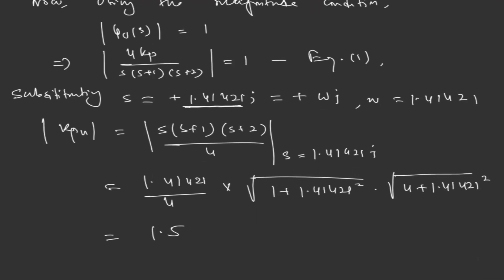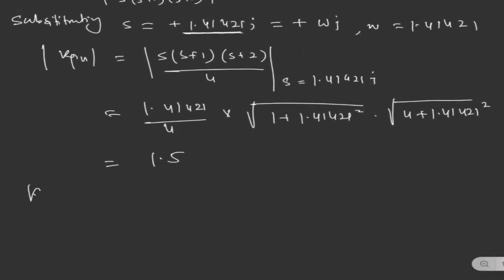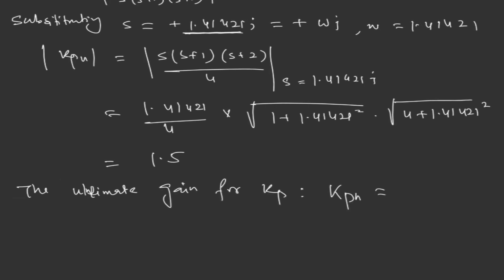So the ultimate gain for Kp, Kpu, from the above analysis is 1.5.